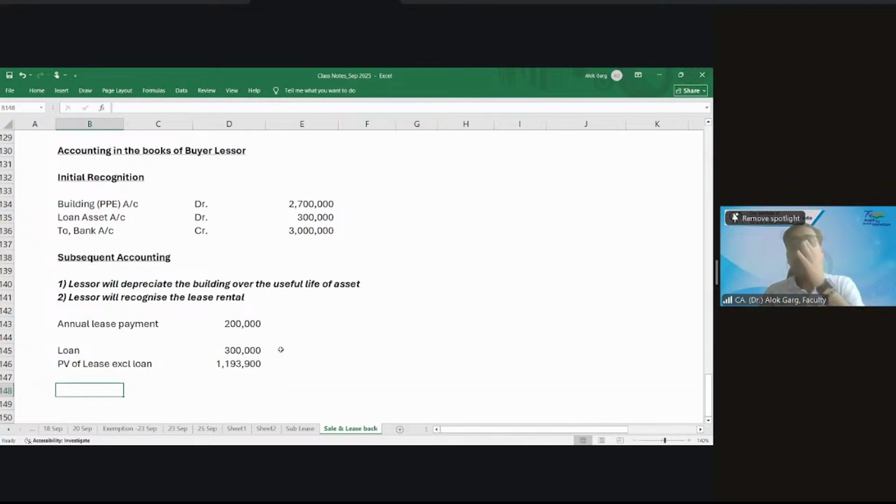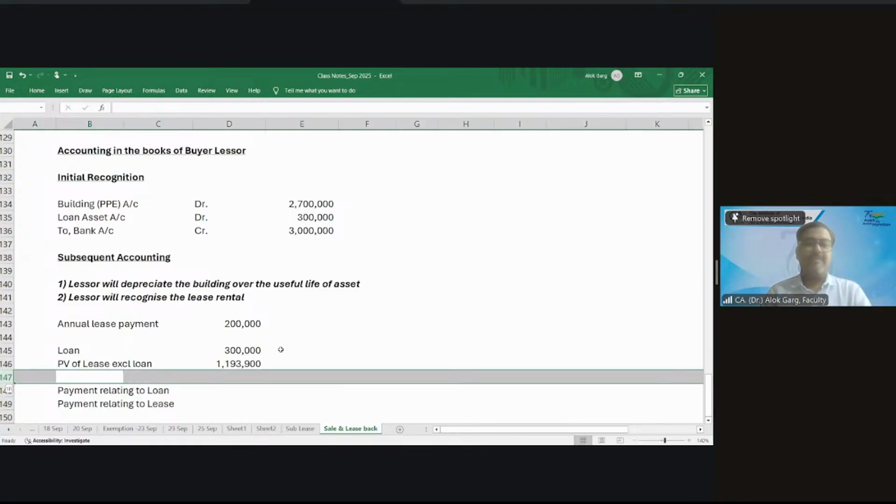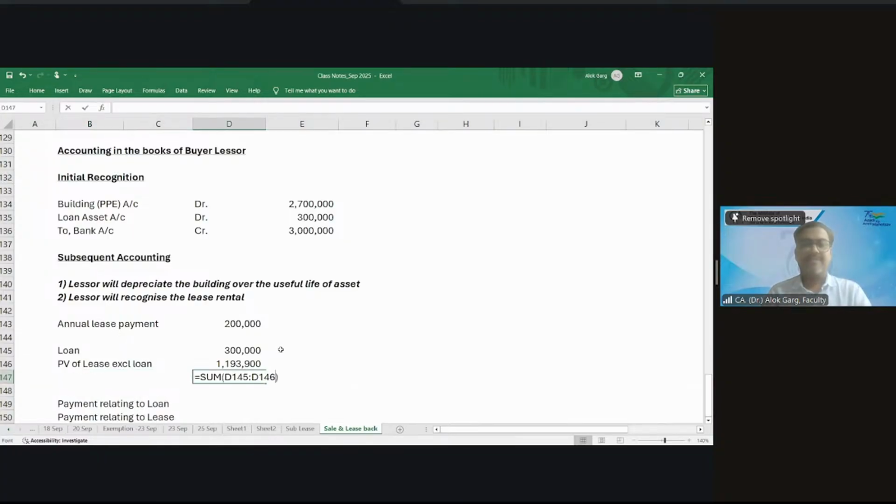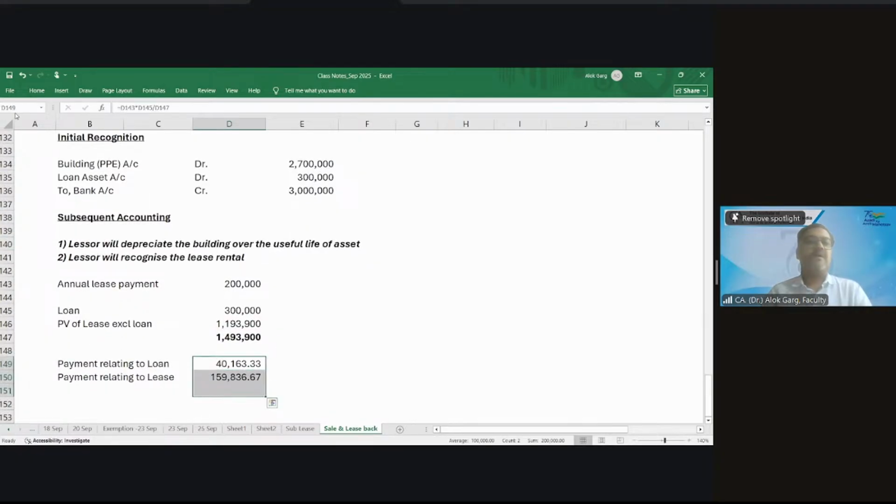So tell me, what is my payment relating to loan and what is my payment relating to lease? क्या है मेरी payment relating to loan and relating to lease? 2 lakh multiply by 1193 divide by 1493. This is my payment relating to loan and relating to lease.